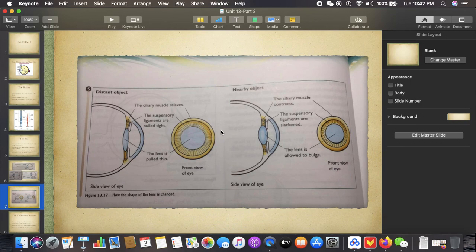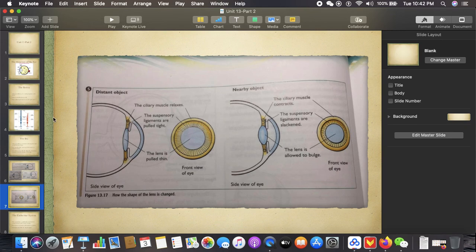This is a bit contradictory, because it's somewhat the opposite of what you would expect, but that's how it is. So you need to make sure that you read these carefully and know what action is going to happen when light is focusing on a distant or nearby object.